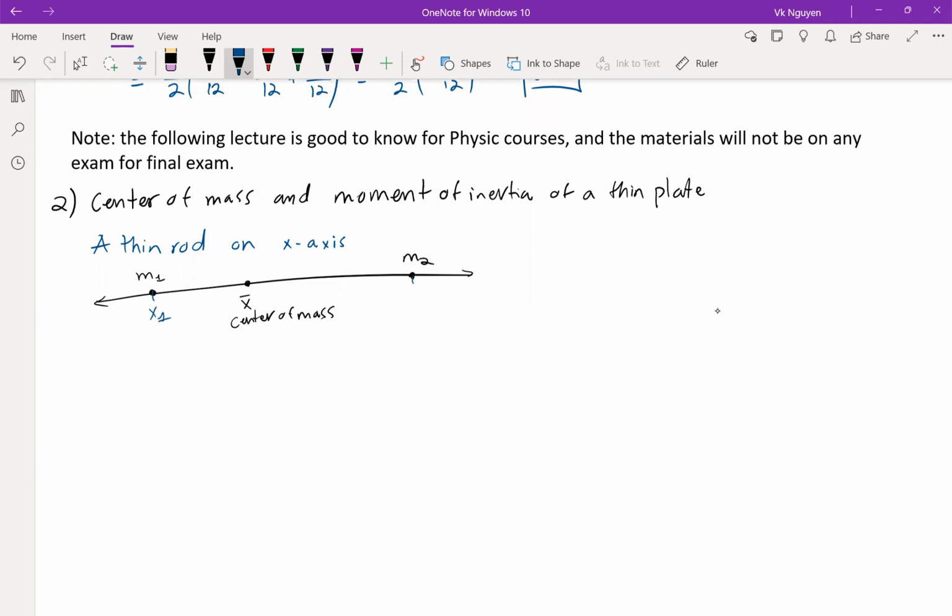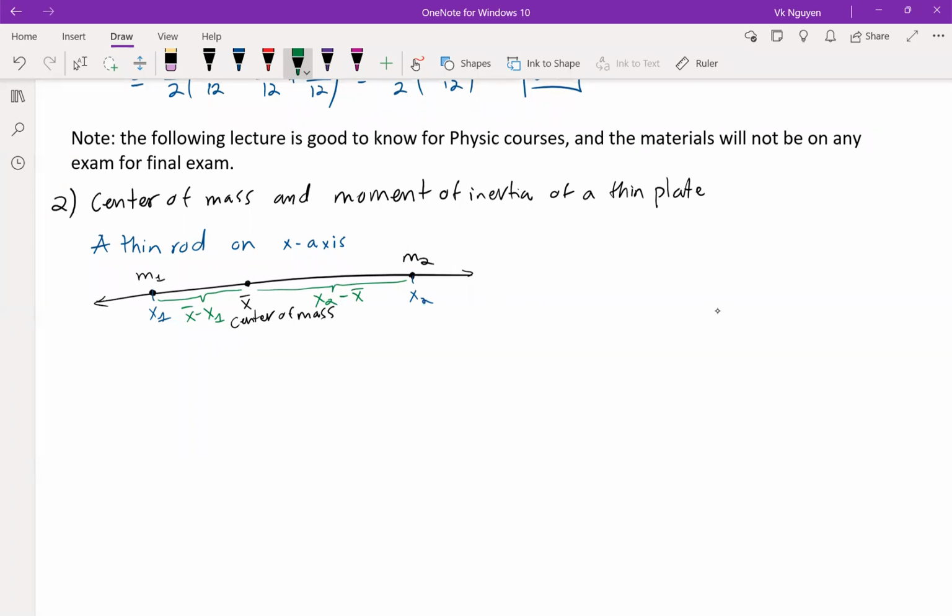At M2, we can have an x2. And then we have the distance from x1 to x bar and x2 to x bar. x bar minus x1, x2 minus x bar. Distances.